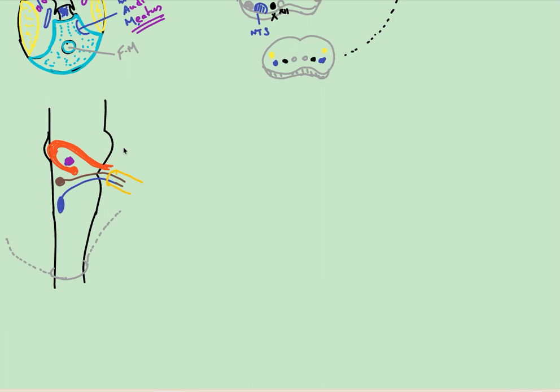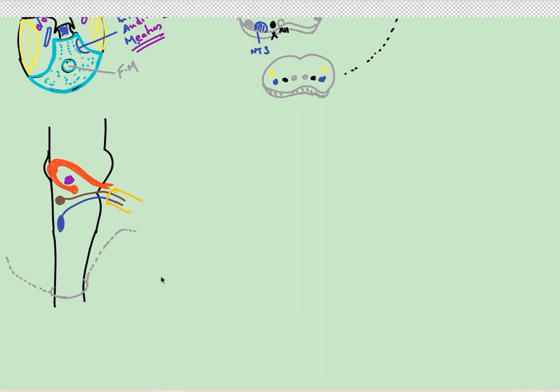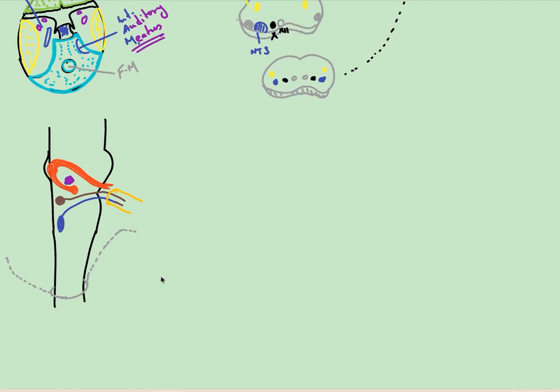Now if this is the foramen magnum, then just in front of the foramen magnum there is the internal auditory meatus. If you look at the picture of the skull from above, you will see that just in front of the foramen magnum there is the internal auditory meatus. So suppose I show the internal auditory meatus like this.